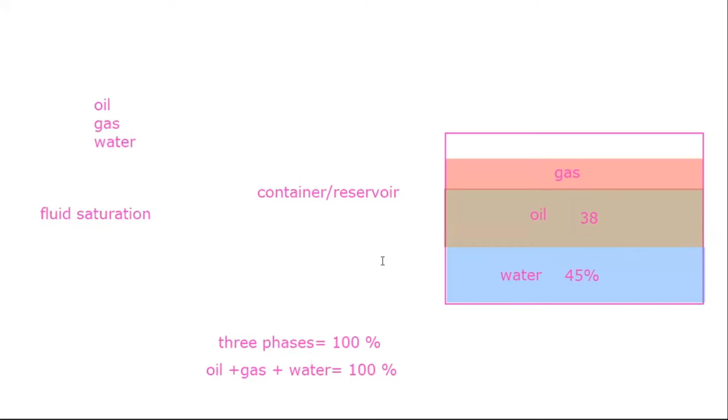Let me do the calculation. 38 plus 45 will be 83, 100 minus 83, so 17 is the water. 17% is the water. So now the fluid saturation means it is in percentage.